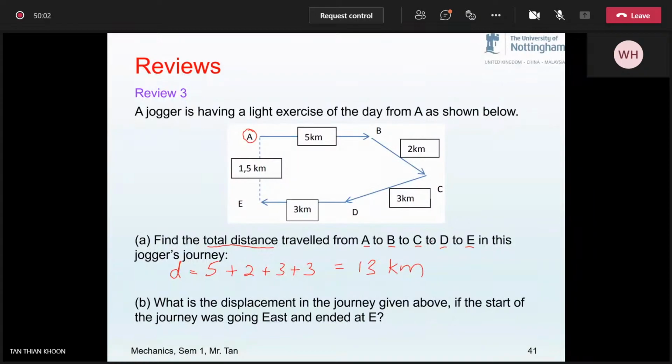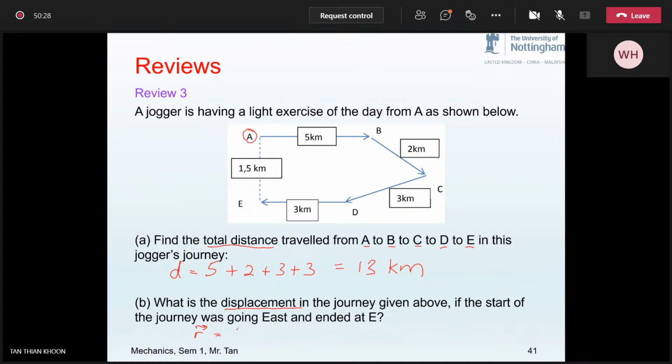Great. How about the displacement? 1.5 kilometers south. Someone remembered the direction. Everyone agree? The displacement is 1.5 kilometers south. Yes.